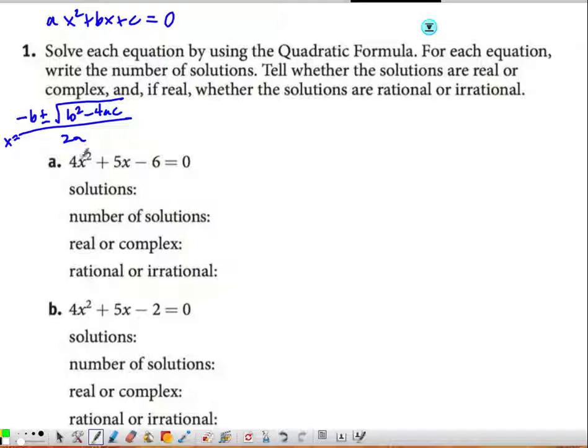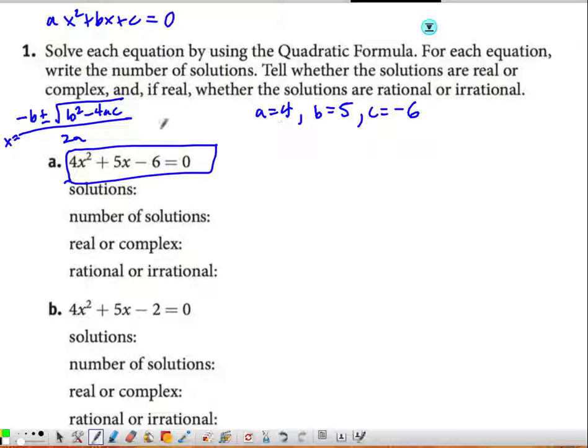So in order to solve this quadratic equation using the quadratic formula, notice that I need to find a, b, and c. And as you can see, a is always the coefficient of x squared, so a turns out here to be 4. B is the coefficient of x, which is 5. And c is simply the constant, the number with no variable, which is -6. It's very important to make sure you include the signs.